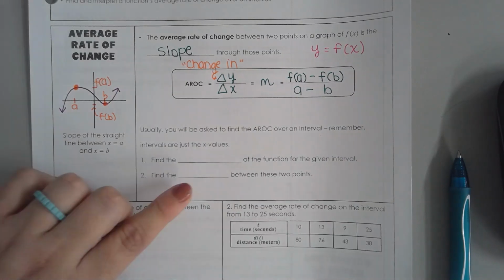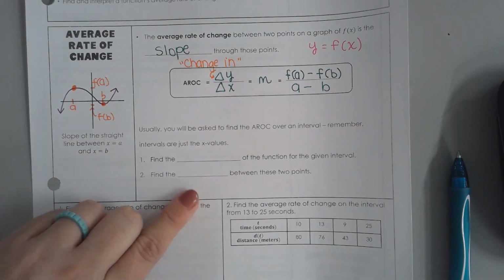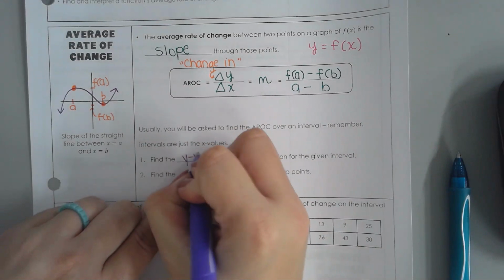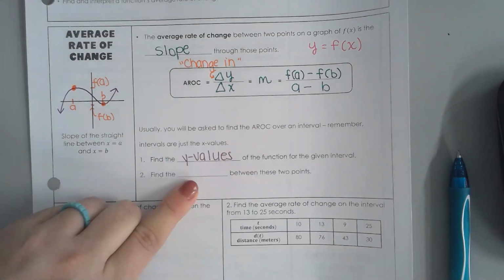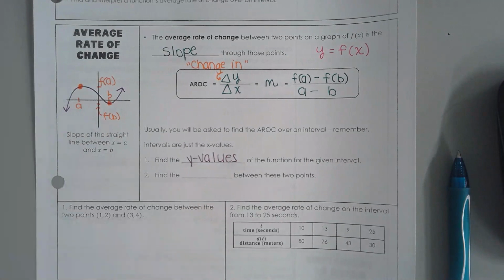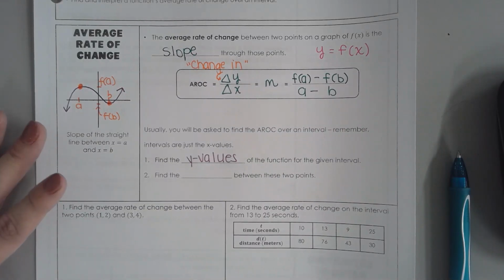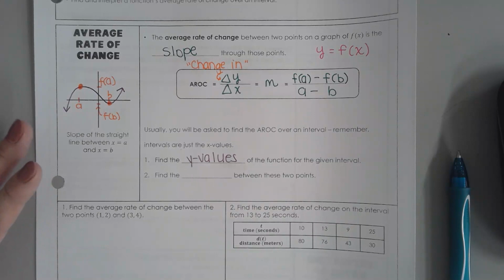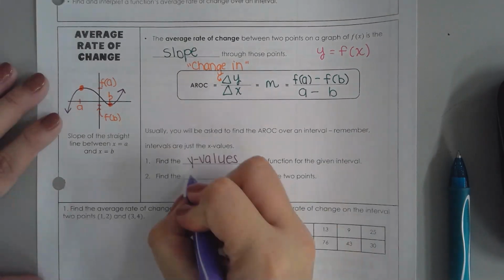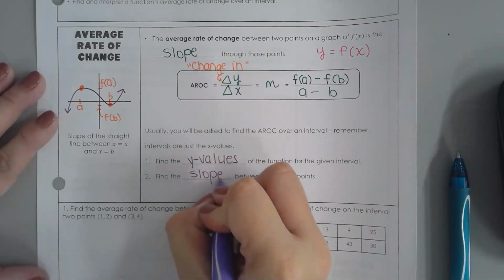And so you're going to find the y values of the function by plugging in x into my function. I'm probably going to give you a table or a graph or an equation. You find the y value, and then we just do the slope formula.